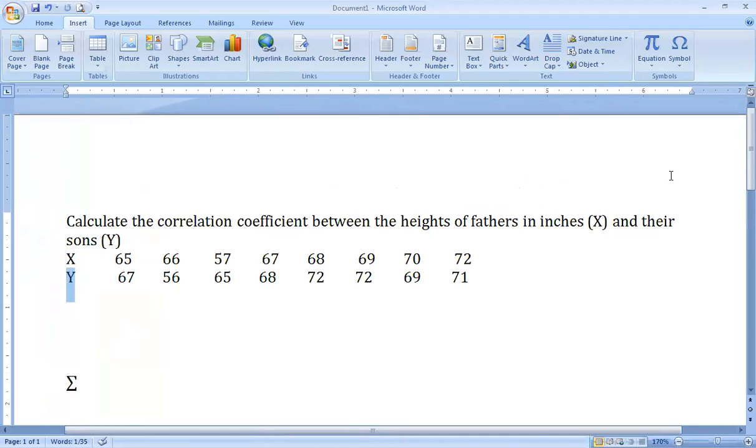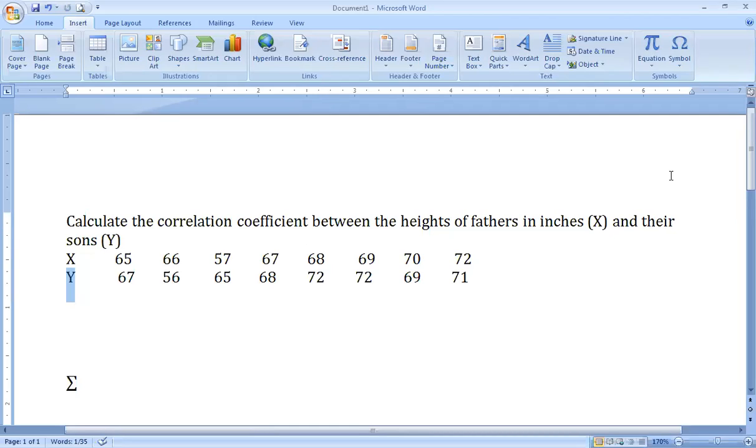As I told you earlier, in correlation there is no frequency. Instead, we will compare two variables.